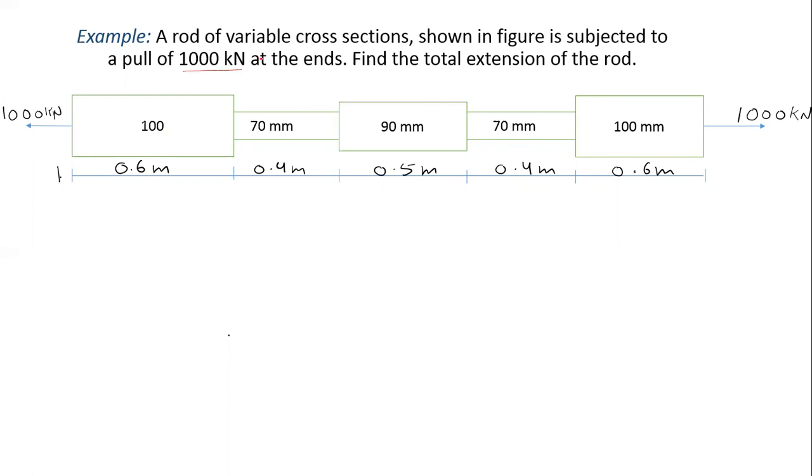The question says a rod of variable cross section shown in the figure is subjected to a pull of 1000 kilonewton at the ends. Find the total extension of the rod. So we know that total extension, delta, is equal to PL upon AE. But we know that the cross sectional area A is changing throughout the length, and also the length of a particular section is changing.